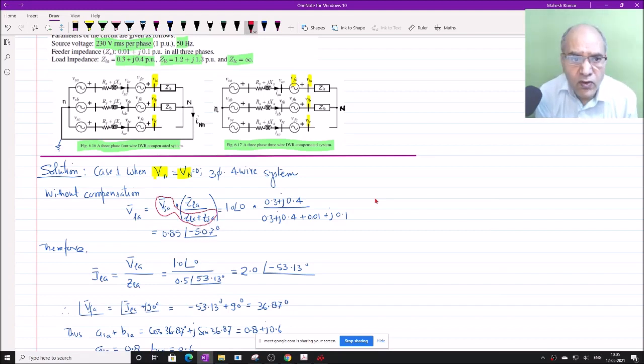Actually, if you look carefully, this is nothing but ILA. The current that will flow is the total voltage here, VSA, divided by the total impedance, which is ZSA plus ZLA. So this is ILA, and therefore ILA into ZLA becomes VLA. From this we can find that VLA is 0.85 angle of minus 5.07.